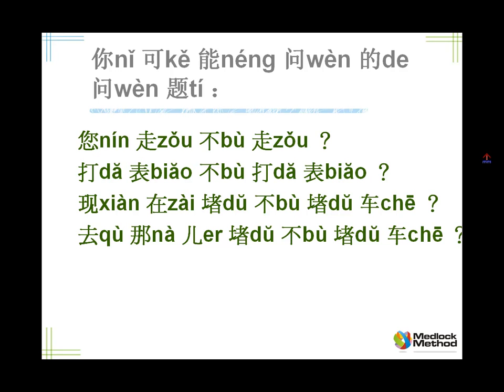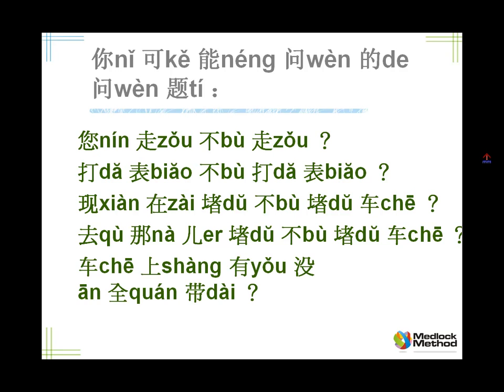How do you say in the car? In Chinese, we say on the car. 车上. Ask me, is there a safety belt in the car? And put the in the car first. 车上有没有安全带? I'll repeat that again. 车上有没有安全带?